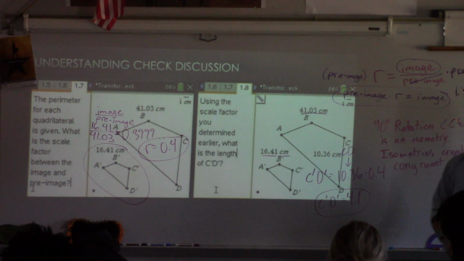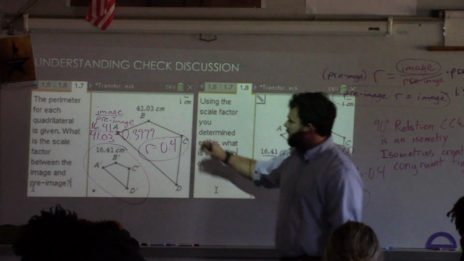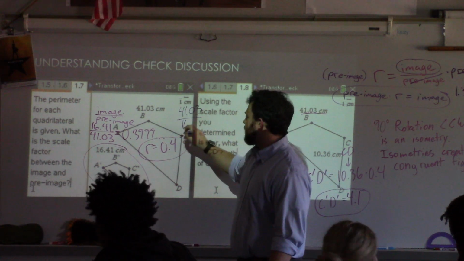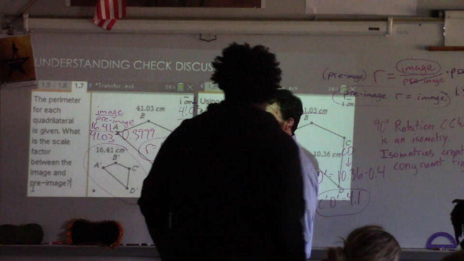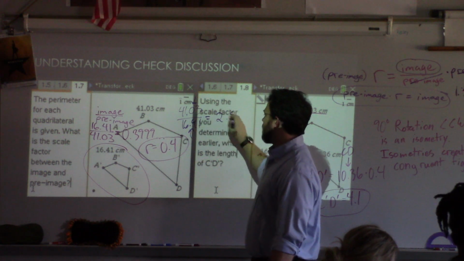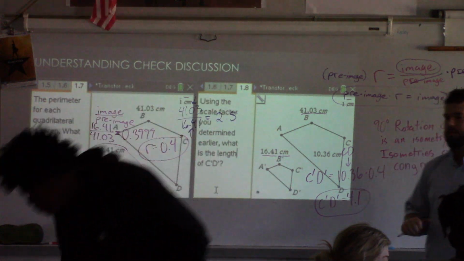Where did I get 2.5? Well, my guess is you took that 41.03 and divided it by 16.41, but notice you did pre-image divided by image. So you flipped the scale factor. That's actually the reciprocal of what the scale factor is supposed to be.